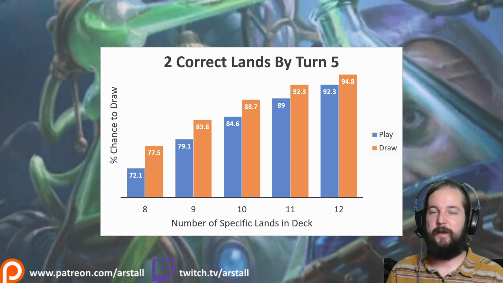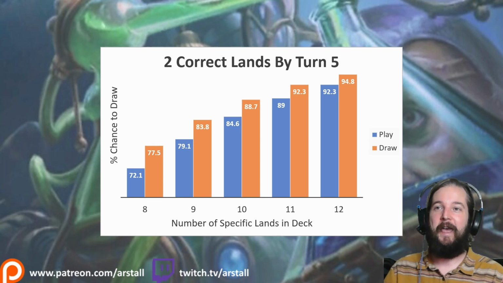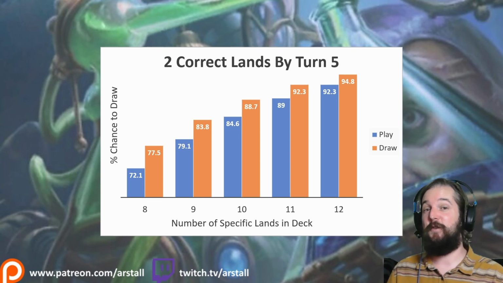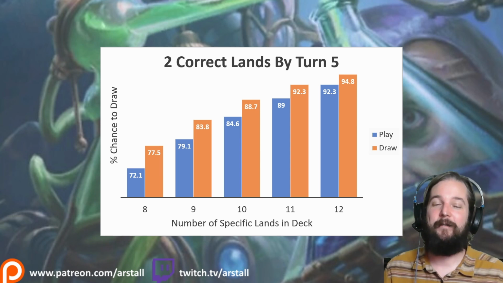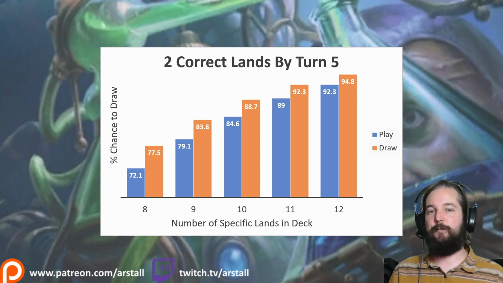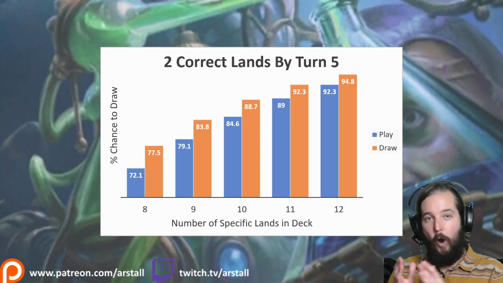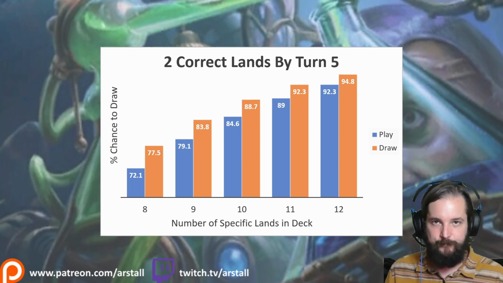If you have a double pip red card and need 2 correct lands by turn 3, I don't have the calculations here, but you need an incredibly high amount of sources, and that's pretty much reserved for when you are only that one specific color.